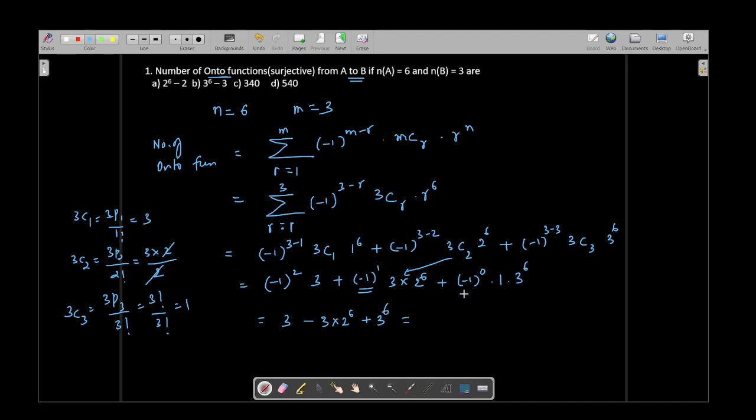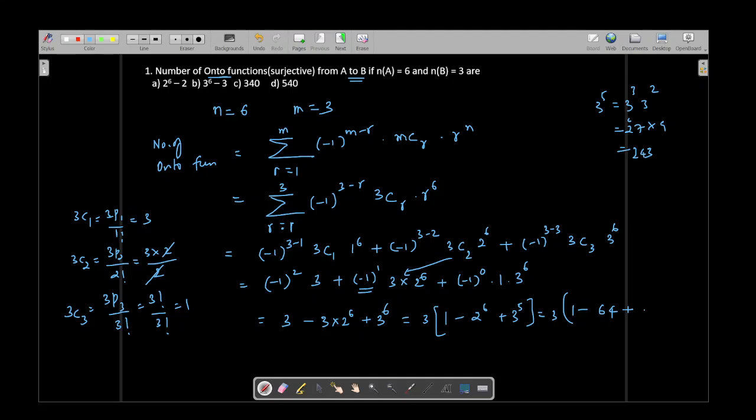So we'll simplify this. I can take 3 common, get 1 minus 2 power 6 plus 3 power 5. So this is equal to 3 into 1 minus 2 power 6 is 64 plus 3 power 5. 3 power 5 is 3 power 3 into 3 power 2, which is 27 into 9. 9 7s are 63, 9 2s are 18, and this is 243.